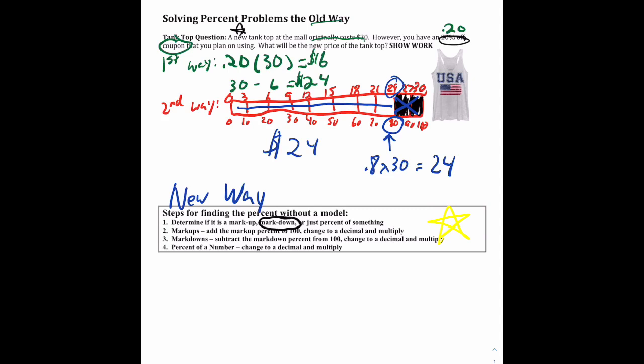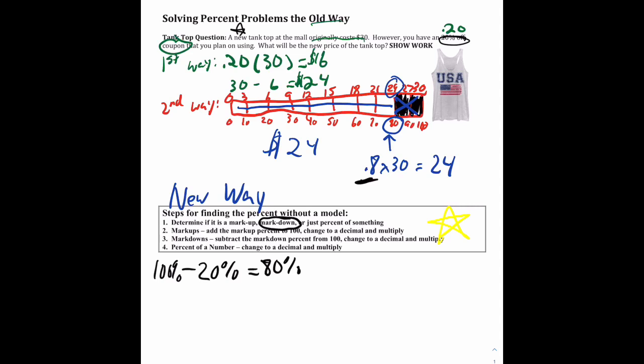So a markdown says, okay, you're going to subtract the markdown percent from 100, change to a decimal, and multiply. So the markdown percent was 20 in the question above. We're going to subtract that from 100%. That gives us 80%, like we got right there.